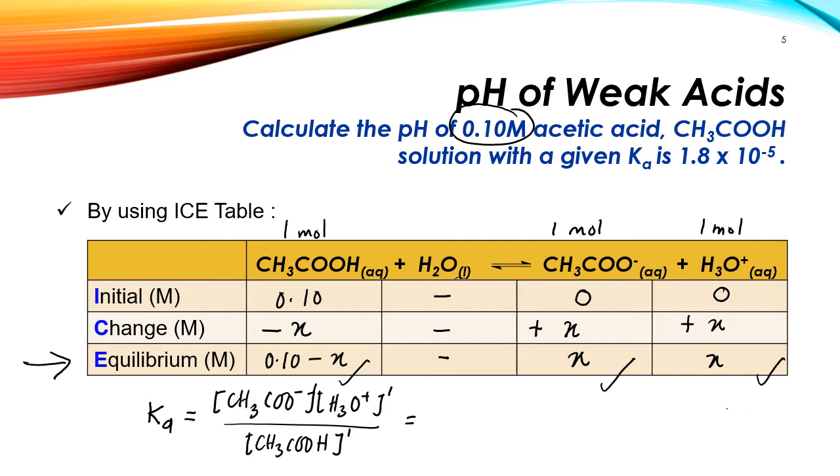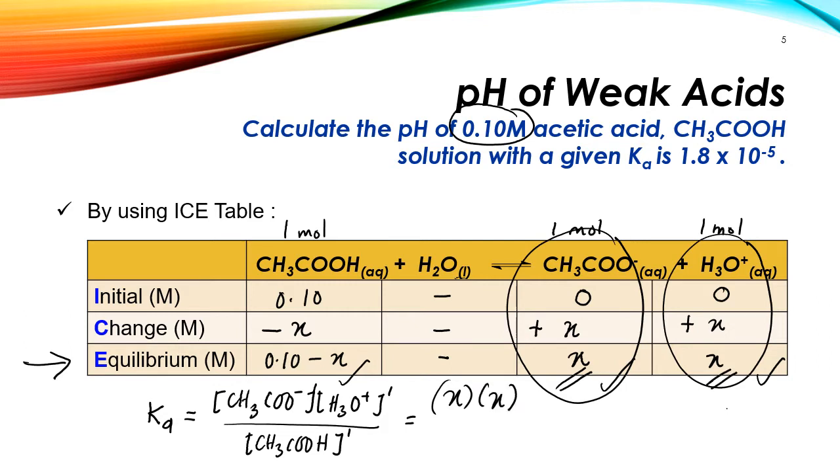So, the concentration of CH3COO- according to the ICE table is equal to X. The concentration of the H3O+ ions at equilibrium is also equal to X. Divided by the concentration of its acid at equilibrium, that is equal to 0.10 minus X. The value of Ka is already given, that is equal to 1.8 × 10^-5.